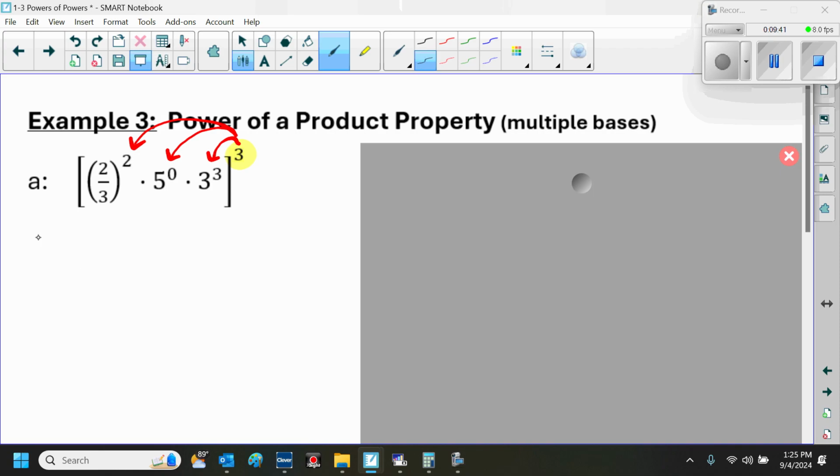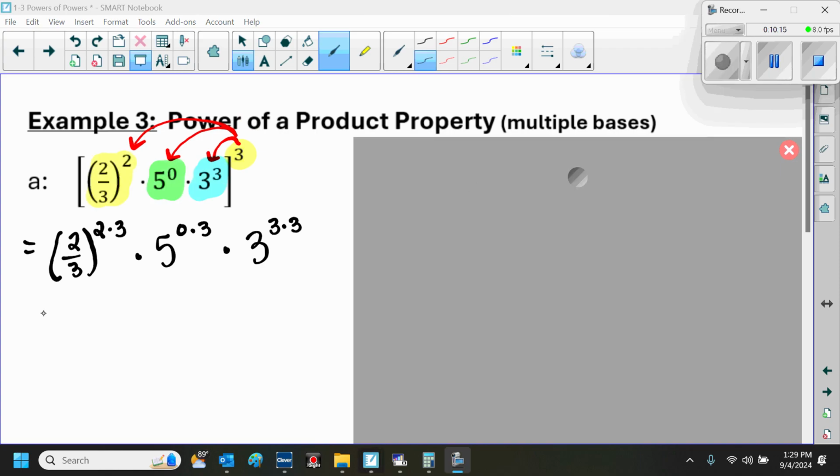So we've got 2/3 squared, so that's going to be 2/3 to the 2nd power raised to the 3rd power. We multiply the exponents, right? So that's going to give me 2/3 to the 2 times 3, times 5 to the 0 times 3, times 3 to the 3 times 3.